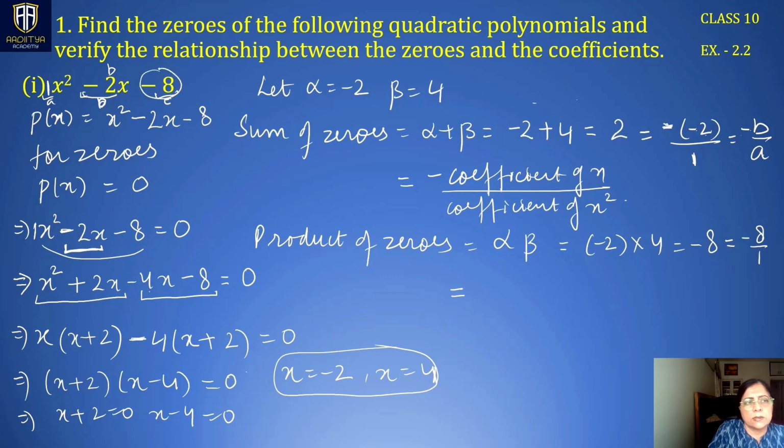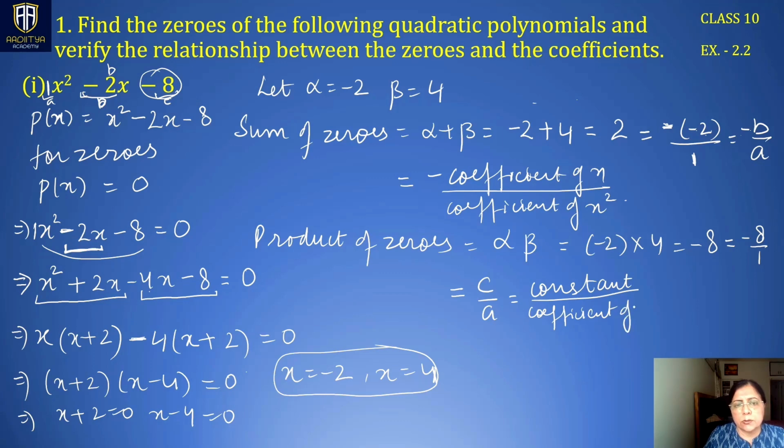Minus 8 represents C and 1 represents A. So we can write negative 8 as negative 8 by 1, which is equal to C by A. And we can say this is equal to the constant term over coefficient of x square. Right? So this was required in this question, and in the further questions also we have to find the zeros first and then do the verification of these zeros with the coefficients of the polynomial.